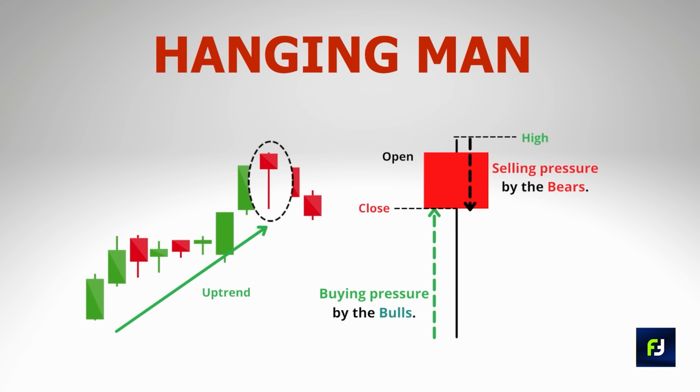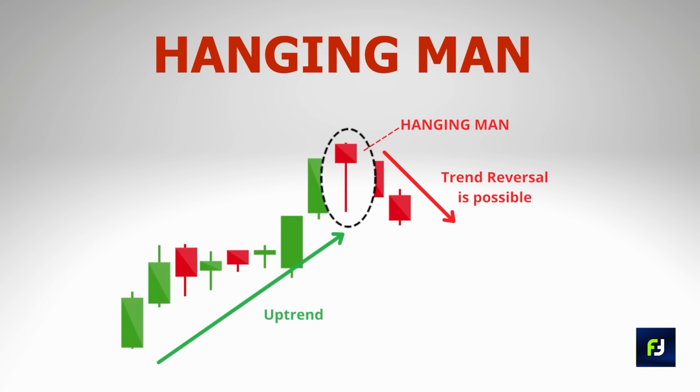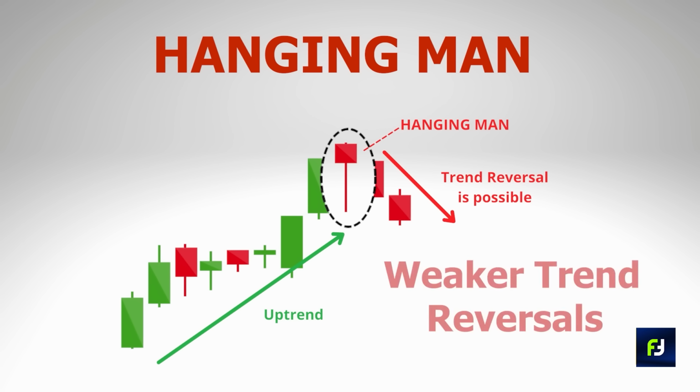The bulls tried to push the prices higher, but the bears managed to bring in so much selling pressure that the price closed closer to the open price, creating a small real body. There is a high probability that the market trend would reverse, and the hanging man pattern is a good indication that bearish sentiment is about to prevail in the market, and it is a good time to short the stocks.